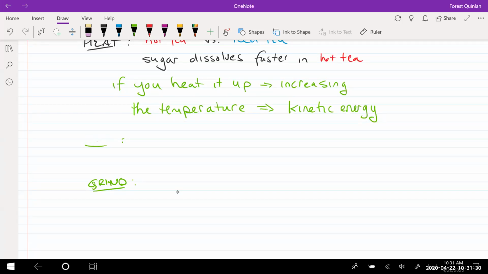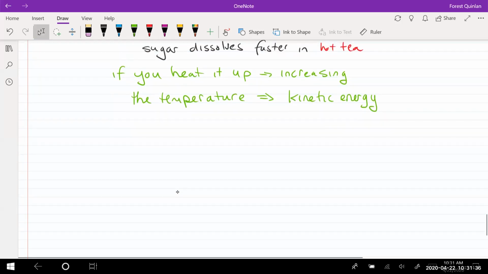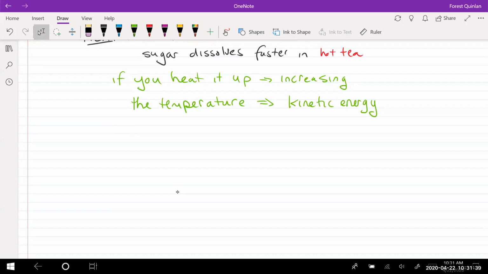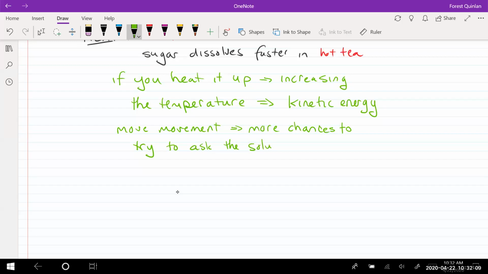And what that's going to allow us to do by increasing the kinetic energy is the molecules will move faster, and there are more chances for them to ask that solid into solution. So more movement, more chances to try to ask the solute into solution.